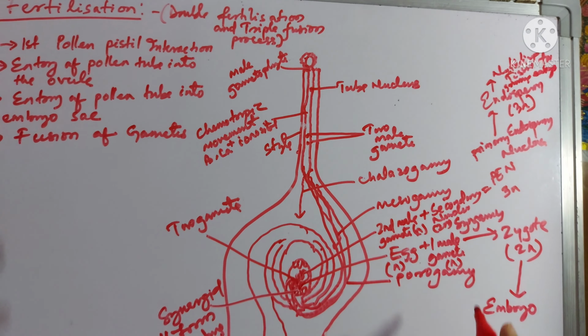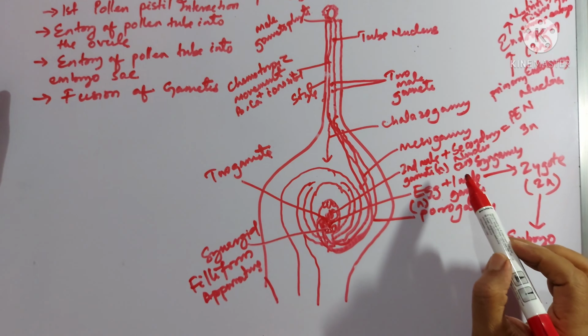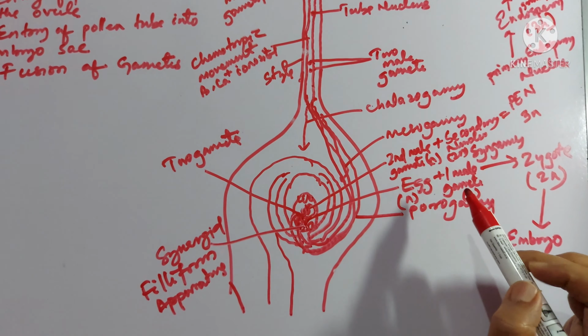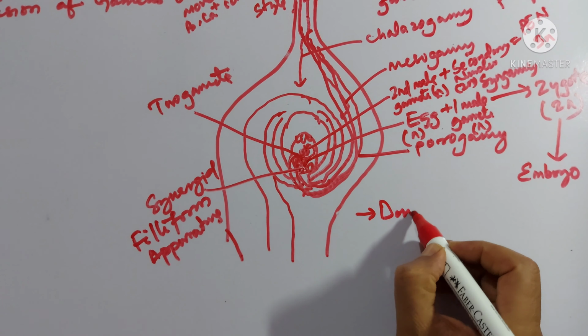So two male gametes fuse separately. One fuses with the secondary nucleus, one fuses with the egg. So it is called double fertilization.